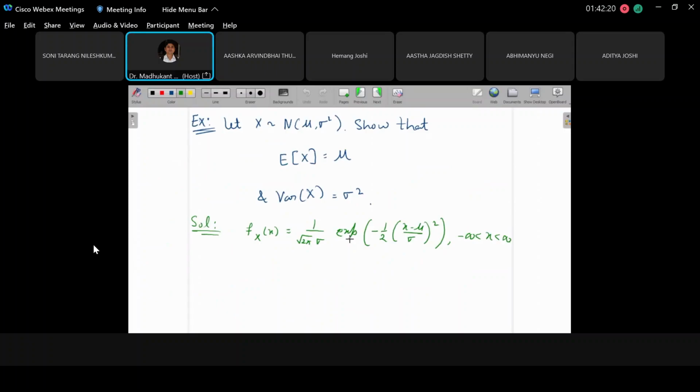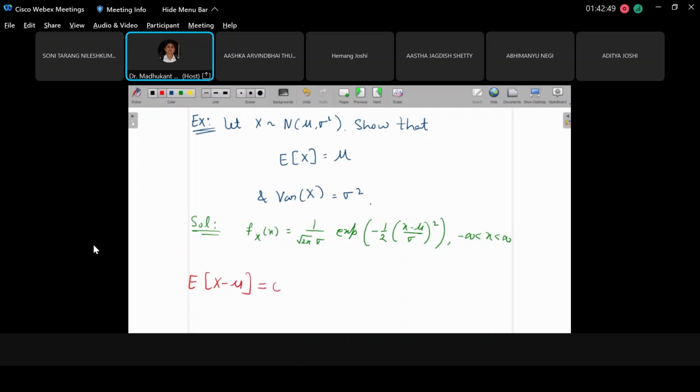Now, let's first verify that the mean of this normal random variable is mu and the variance is sigma square, and f_X(x) is here. What you can show is that expectation of x minus mu is 0.